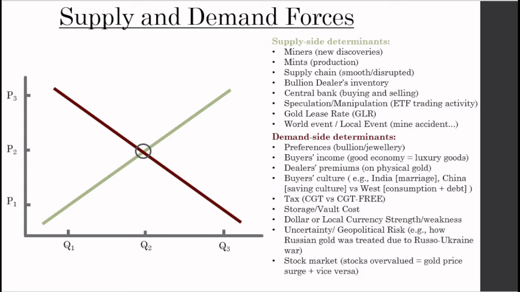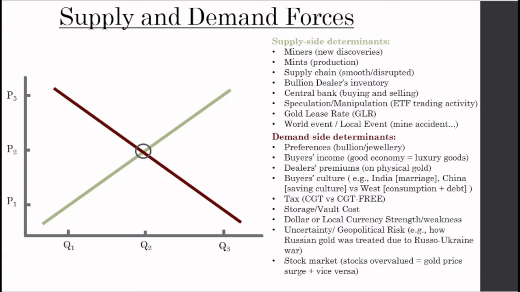Now, in markets, it is said that firms follow the law of supply. As the market price increases, the quantity supplied also increases, and vice versa. As the market price decreases, the quantity supplied also decreases.